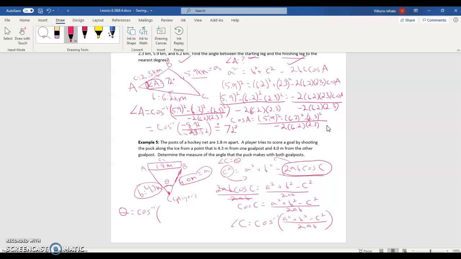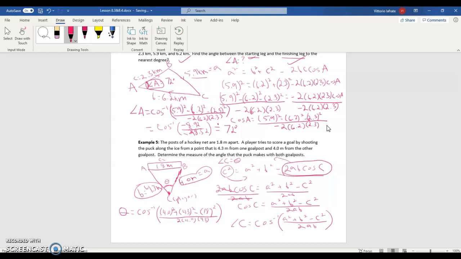of A squared. So A squared is 4 squared plus B squared, which is 4.3 squared, minus, open brackets, make sure you do that, C squared, so 1.8 squared, over 2 times 4.0 times 4.3.